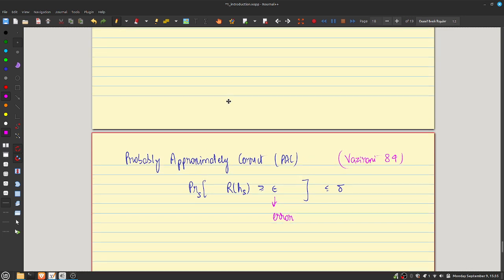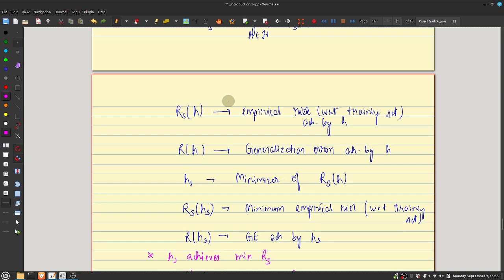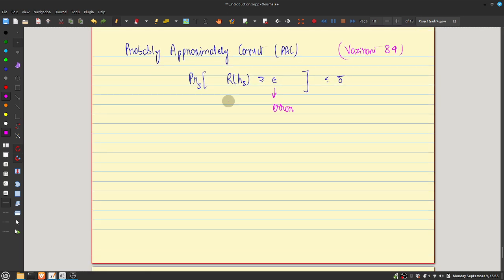So a particular training algorithm. So this is for one particular training algorithm, right? Which is the empirical risk minimization. But in general, I could have any arbitrary learning algorithm, not necessarily using empirical risk minimization. It could be structural risk minimization. It could be something totally different, right?